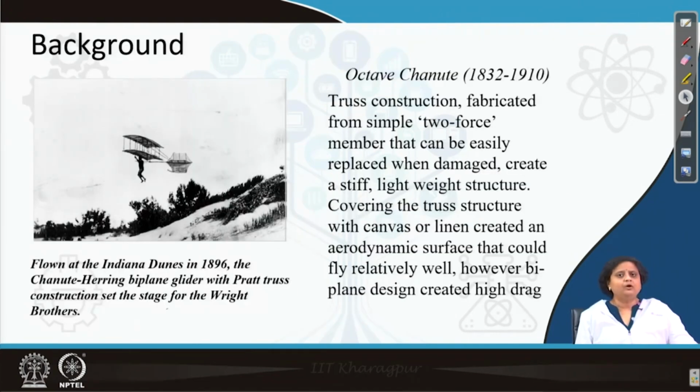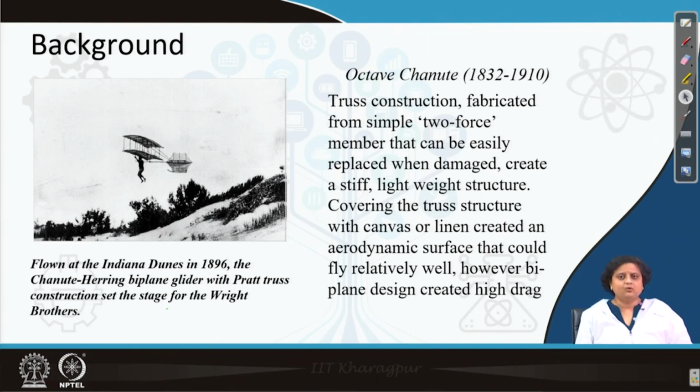So, before we go into further detail, we will talk about the brief background of how aircraft structure developed. Aircraft structure had been explored even before the Wright brothers, before the first flight by the Wright brothers. It was explored thoroughly by several engineers who made their attempts to make a flying machine.